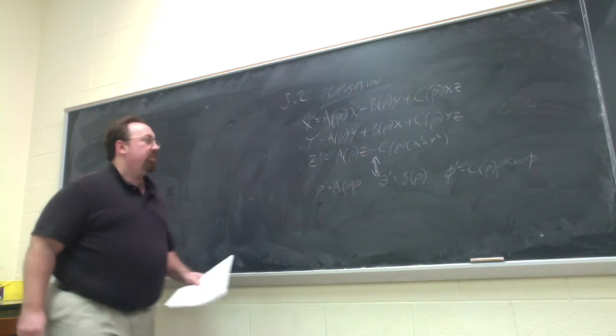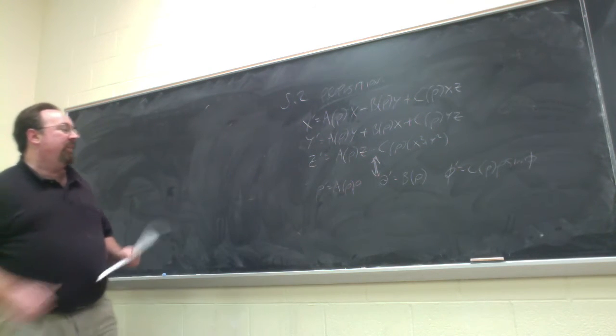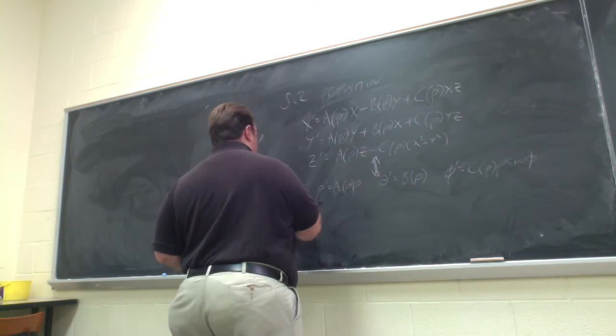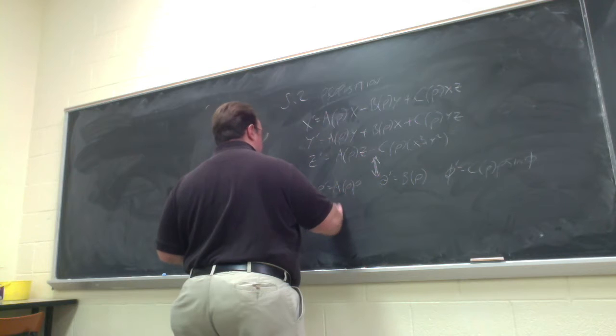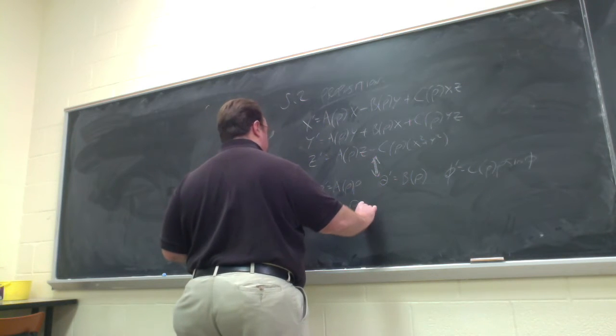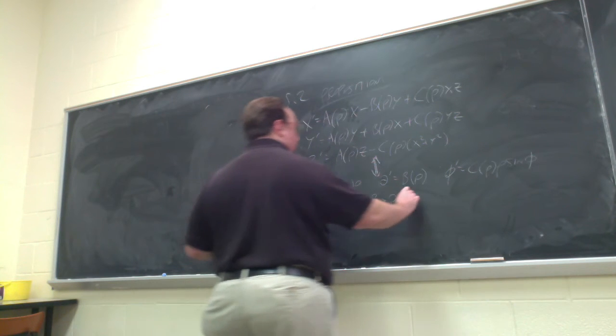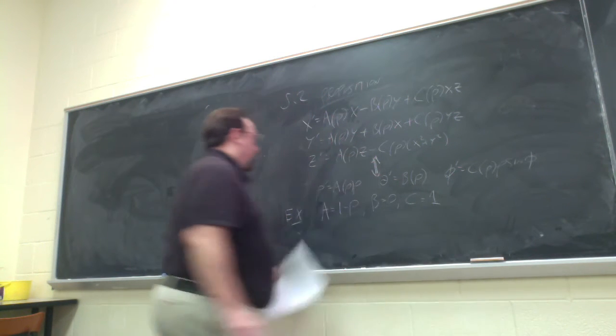Okay, so I want to look at a couple examples of these. So first example, we'll let a equal 1 minus rho, b equals 0, and c equals 1.